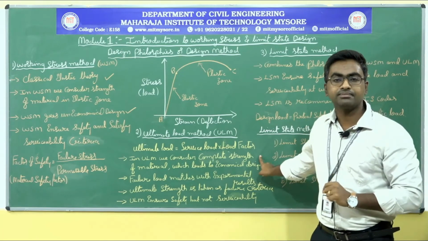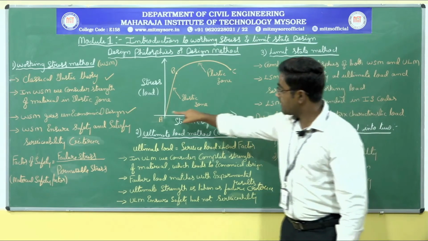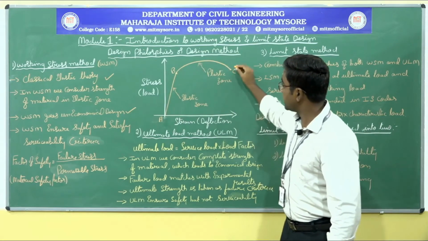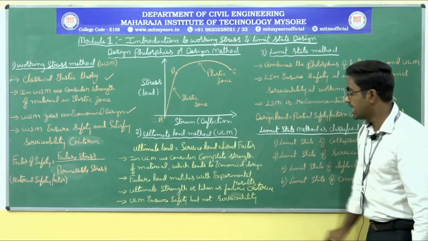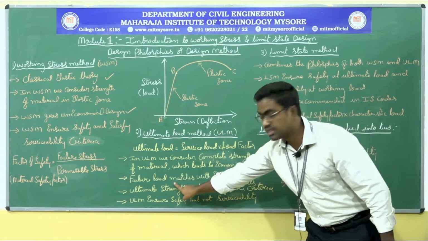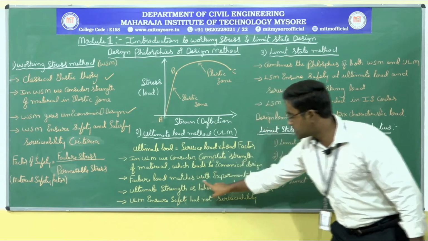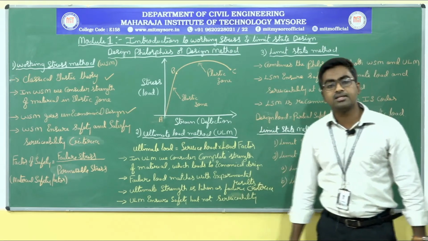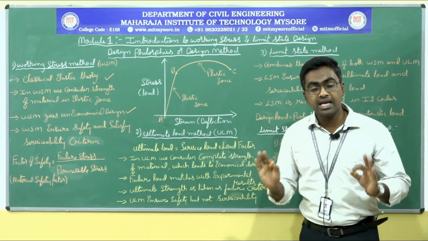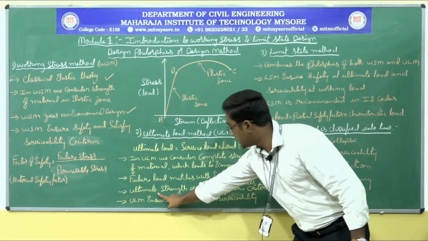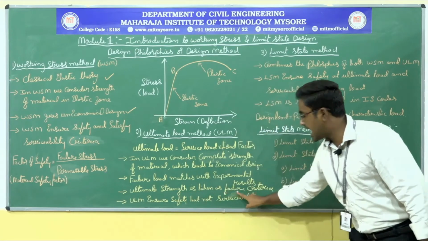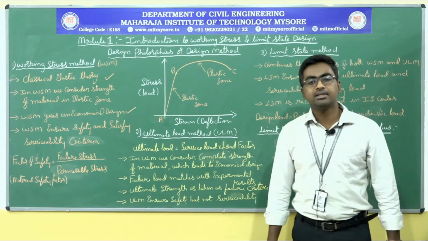As we are using the complete strength of the material up to the failure point, in the ultimate load method the failure load matches the experimental results. Failure load will be equal to the experimental result, and ultimate strength is taken as the failure criteria.